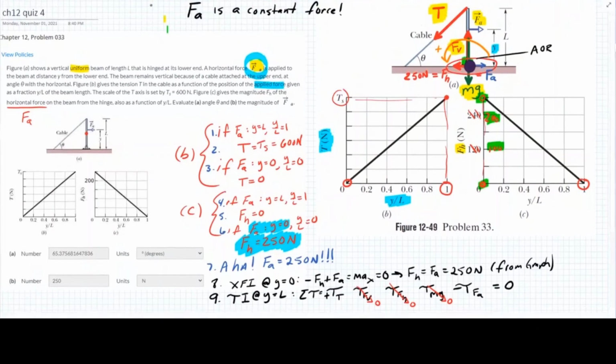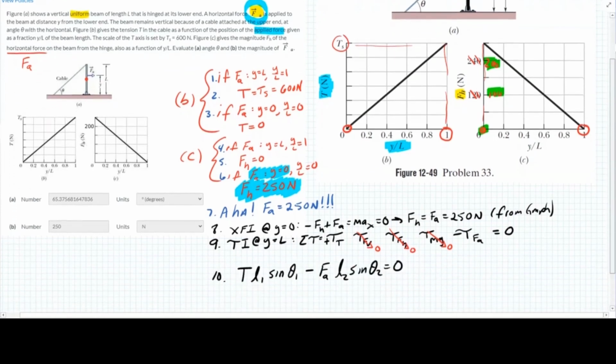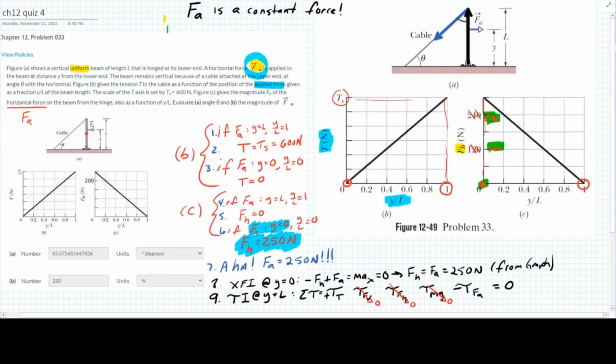All right, let's clear the decks. That's just too messy. All right, so here's my tension force. This is the position vector from the AOR to the point of application. And this is what I'm calling theta 1. That's theta 1. This is T for tension.